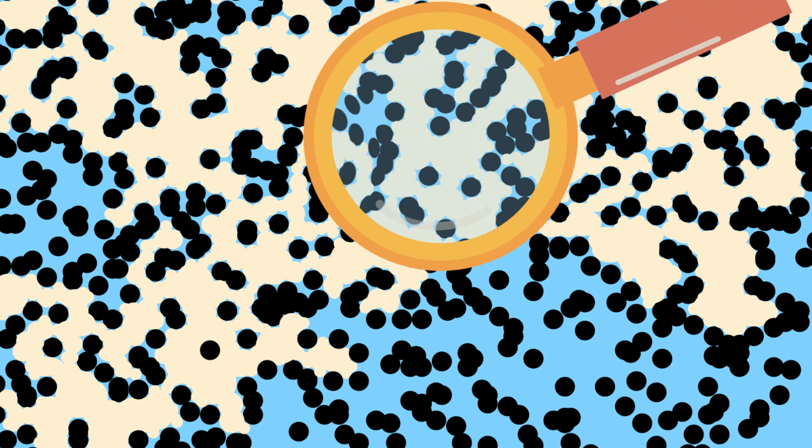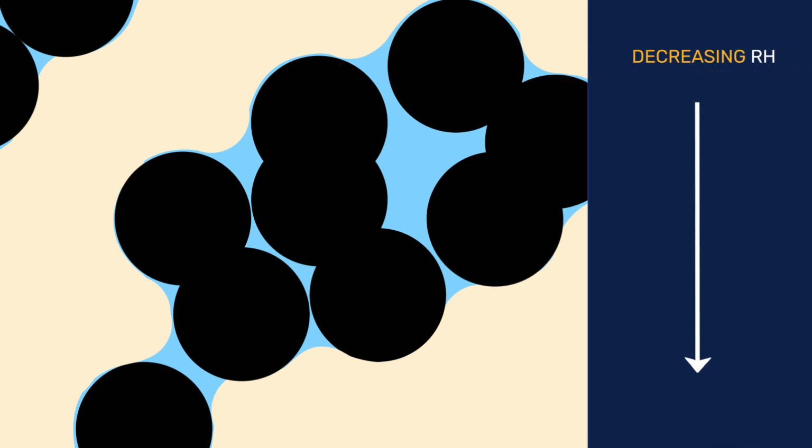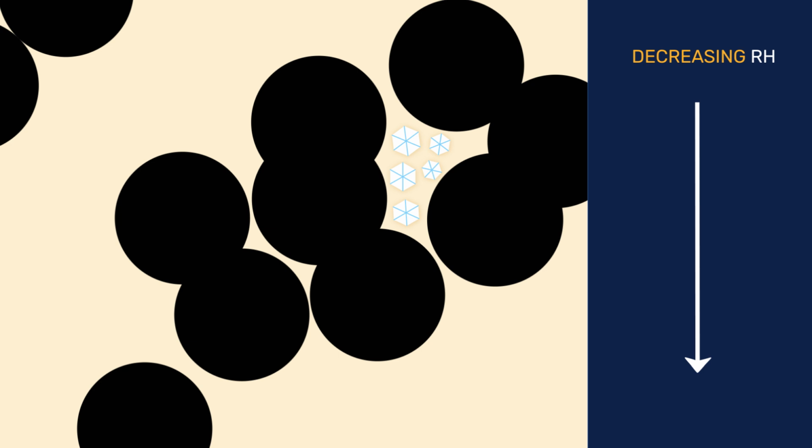This is schematically represented here, where in the highlighted region, the solution is isolated because it is surrounded by small pores that the liquid vapor meniscus cannot penetrate. As the relative humidity drops and the region dries, all its dissolved salt will precipitate locally.